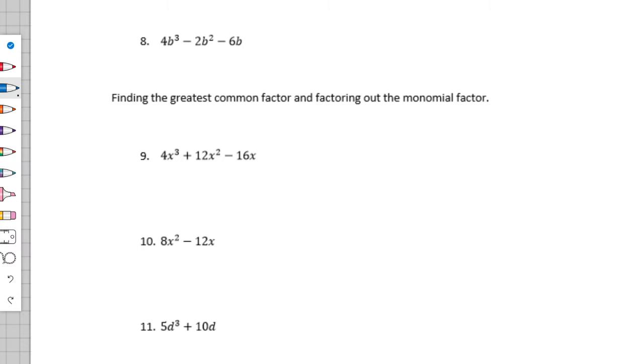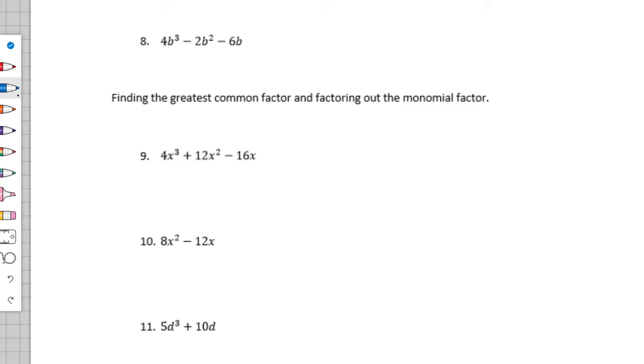So we have 3 times t times t. And then for 18 we have 2 times 3 times, I'm just going to factor it out completely. So 2 times 9, which is also 2 times 3 times 3.